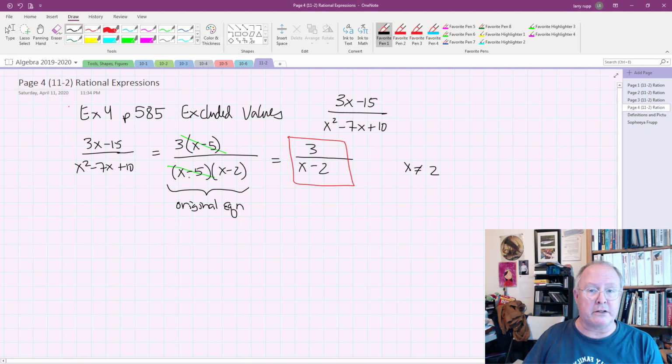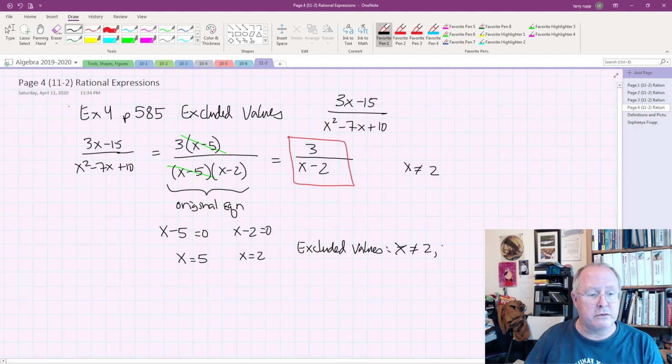Okay? And in this factored form, we have x minus 5 equal to 0 and x minus 2 equal to 0. So x would be equal to 5 and x would be equal to 2. So excluded values then. Oops. X cannot equal 2 or 5.